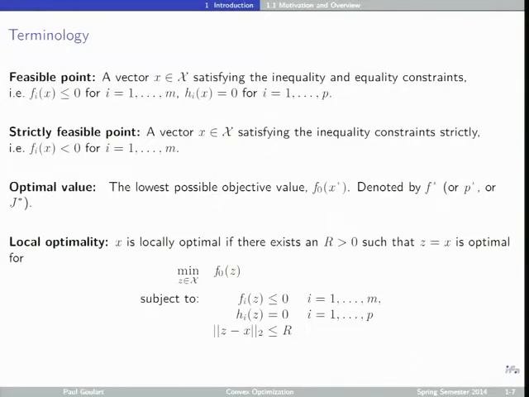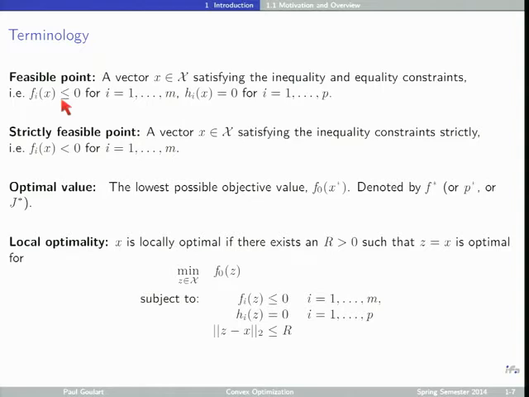Okay, so now a little bit more terminology. If I have a vector x, and it satisfies all of the constraints, then we say that x is a feasible point. In order for it to be feasible, by definition, it has to satisfy the equality constraints with equality. But if I look at the inequalities, one of two things can happen.